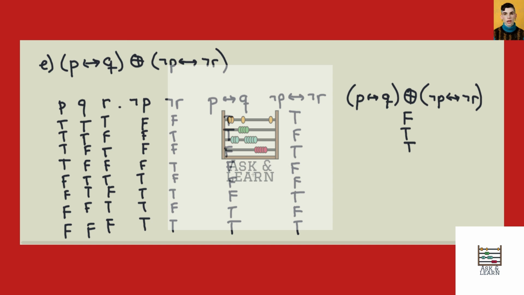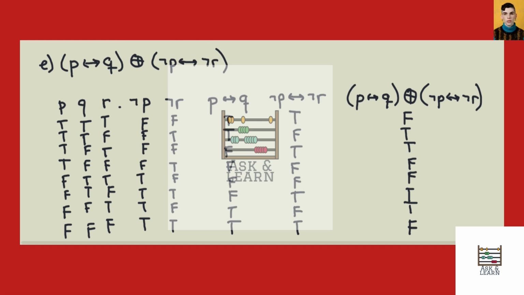The fourth and fifth one, they're both false, so it is false. Next one, exactly one of them is true. The one after that, exactly one of them is true, so they're both true. And the last one, they're both true, so it'll be false. So this will be the truth table for E.